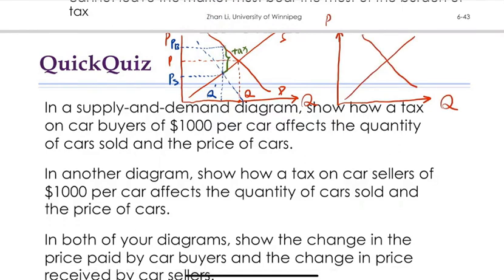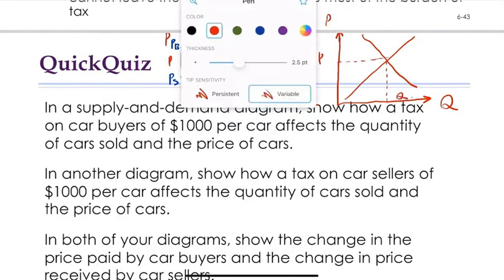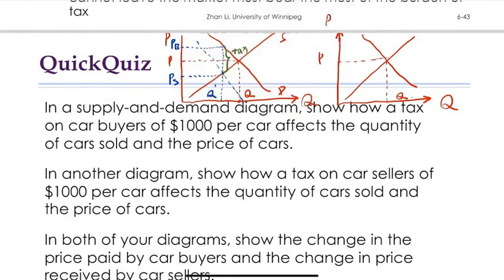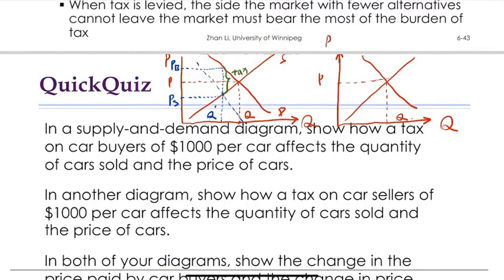In this case, you can see that in the beginning, we have equilibrium price and equilibrium quantity. And after imposing a tax on sellers, we would move the supply curve to the left, right?